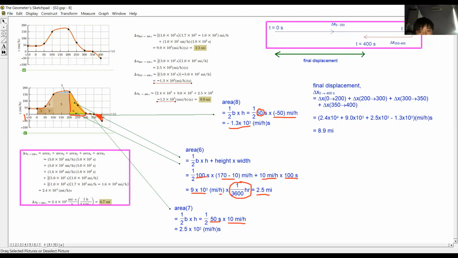So they stop instantaneously, right? So it corresponds with this part here. At 350, the velocity is 0. So at 350 they stop, but not for a very long time, just for a short while.